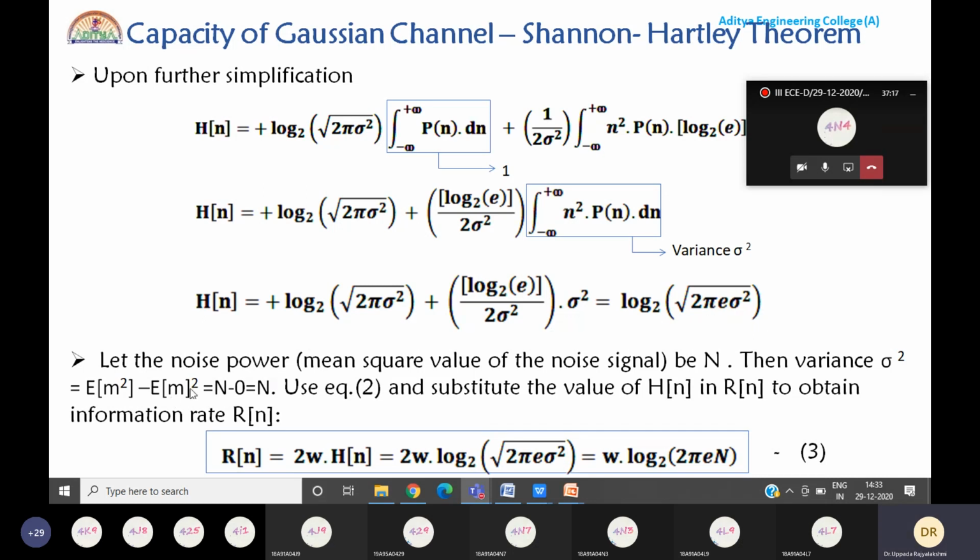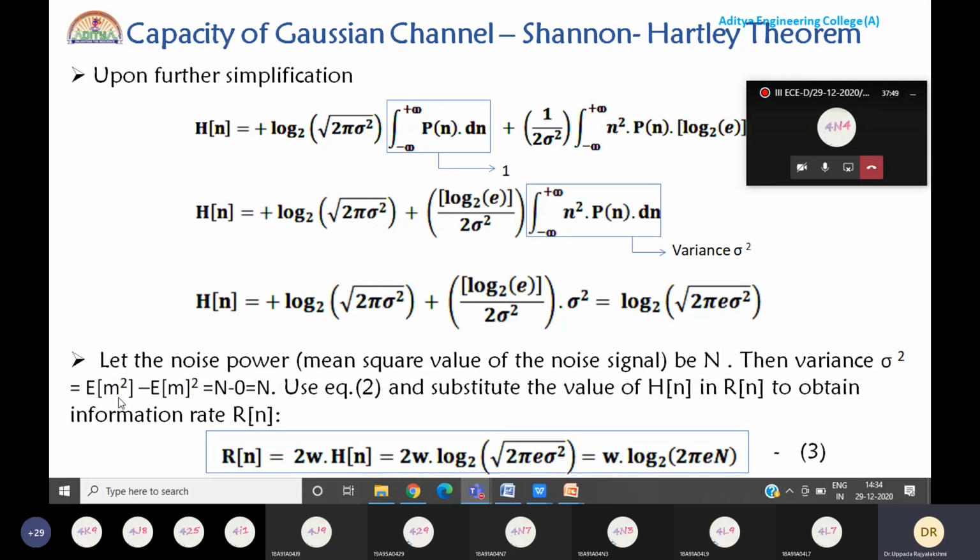Now let the noise power be capital N. That is our assumption. Let us consider signal power as capital S and noise power as capital N, which is defined as the mean square value of the noise signal. Then you can write sigma square, which is a variance, as expectation of n square minus expectation of n whole square.